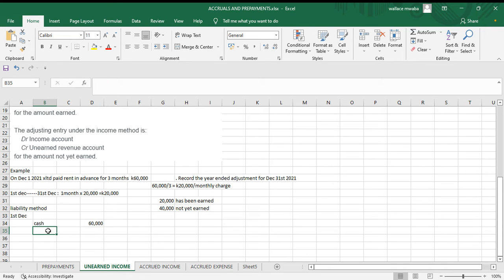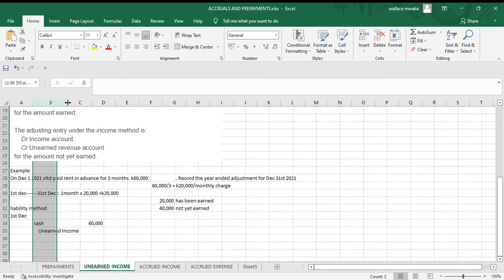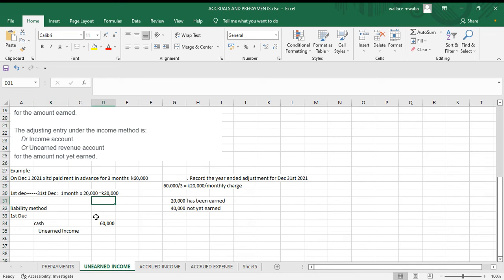Then we're going to credit earned income or prepaid income. Let me just call it prepaid income, that sounds much better. So we credit prepaid income.